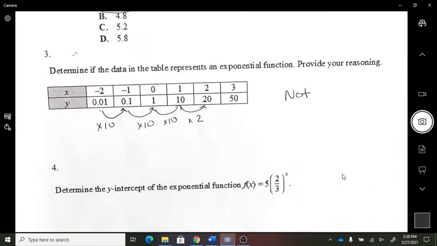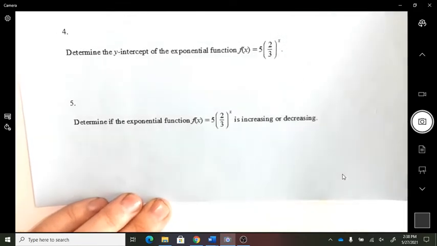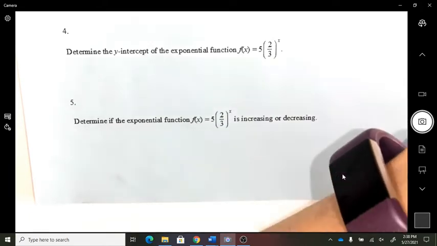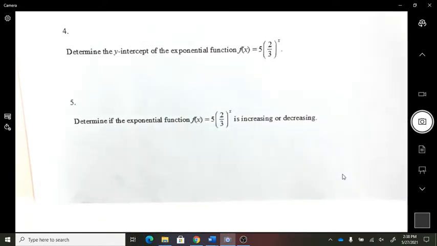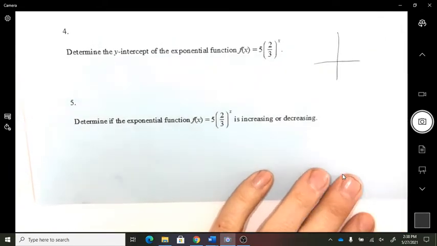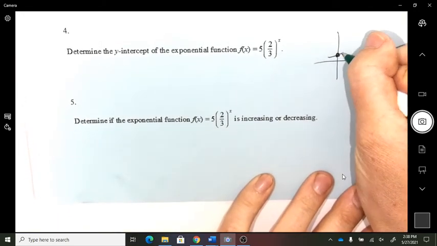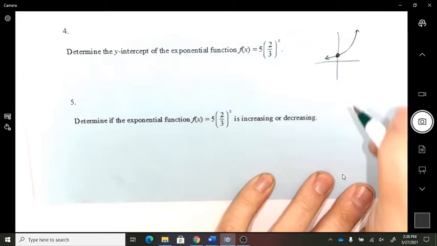Okay, what's the y-intercept of this exponential function? What's a normal y-intercept of an exponential function? Do you remember what they look like? They normally look like this, right?